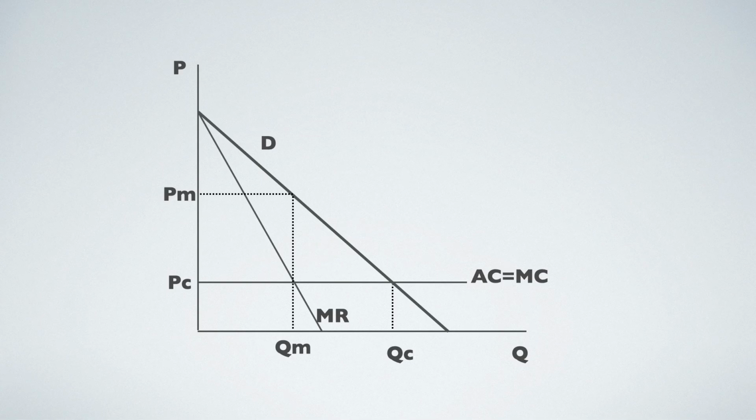This graph still consists of two market structures, PM, QM for monopoly, PC, QC for competition. Here is further disproof. The monopoly combination is derived from the profit maximizing condition, MR equal to MC.